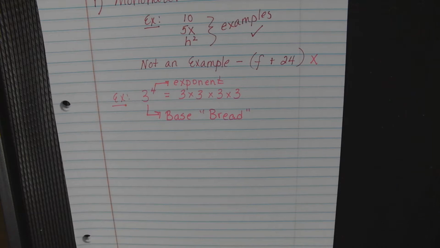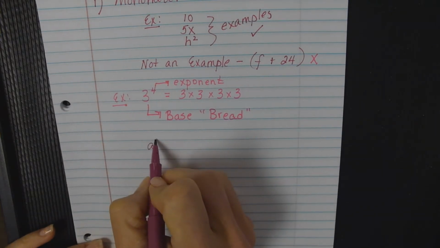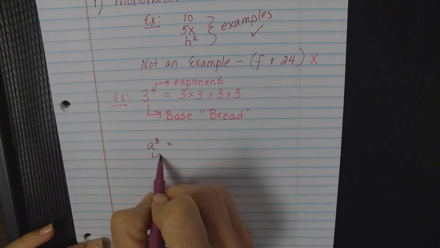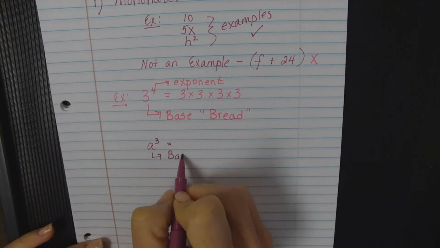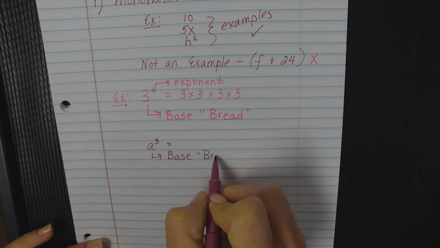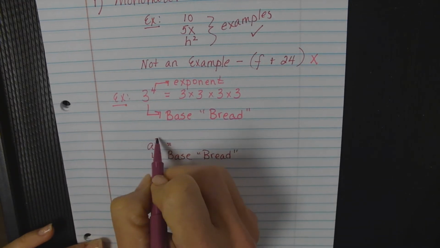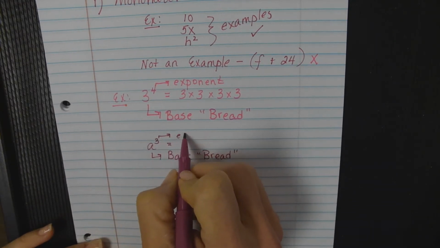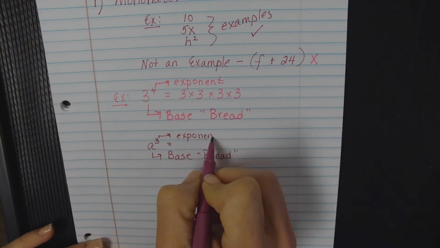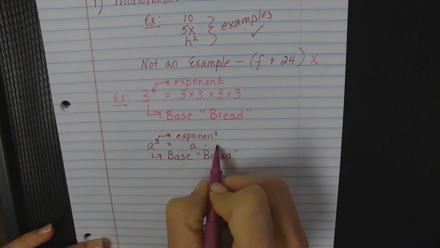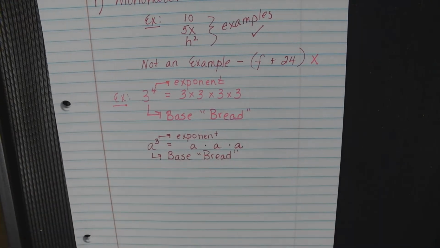Our base can also be a variable, where A is our base, bread, and 3 is our exponent, where it simply means A times A times A. I cannot stress that is the most important part. The rules will come in shortly.